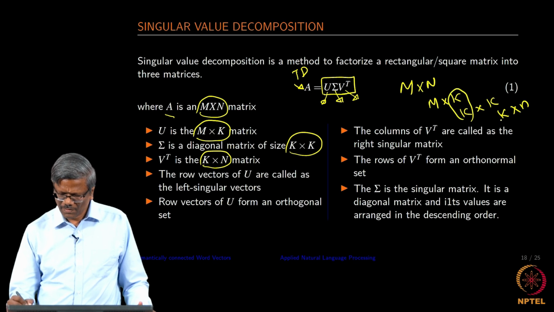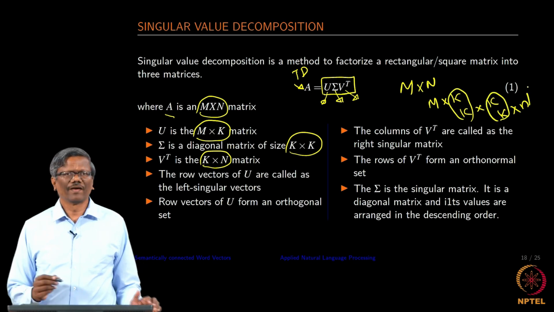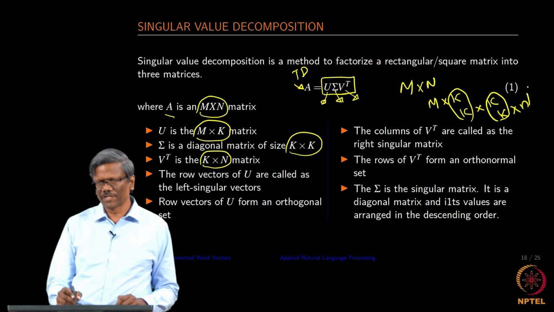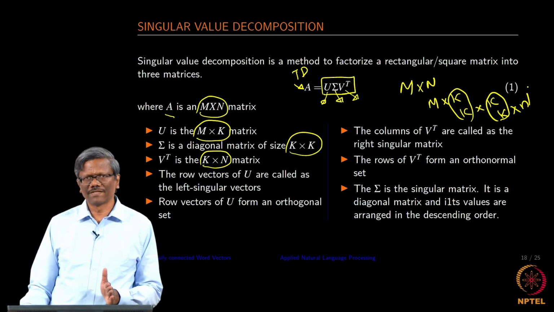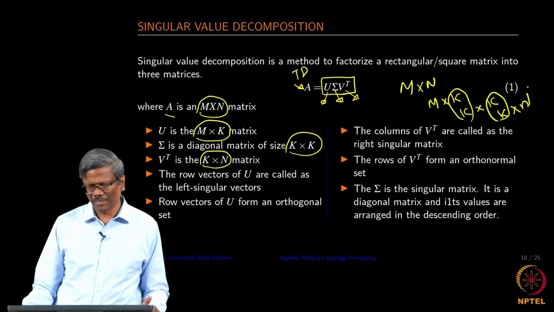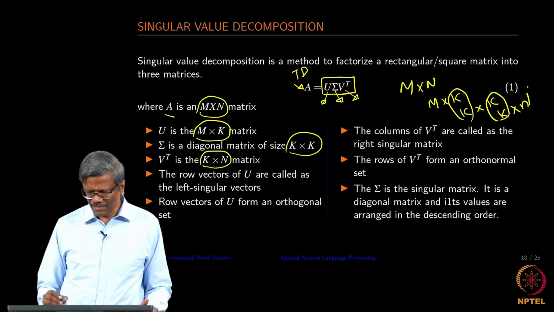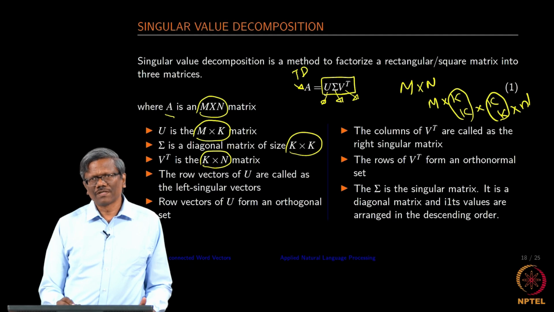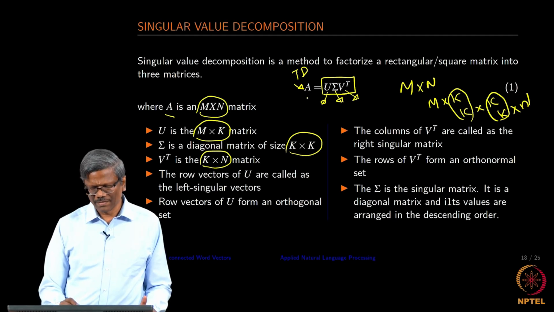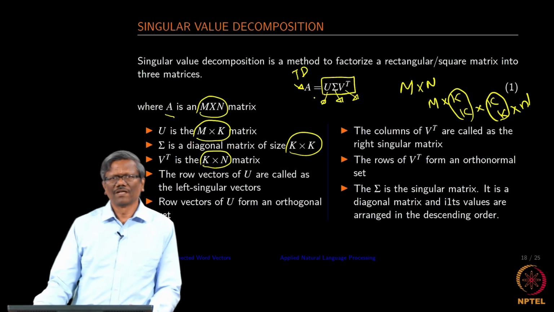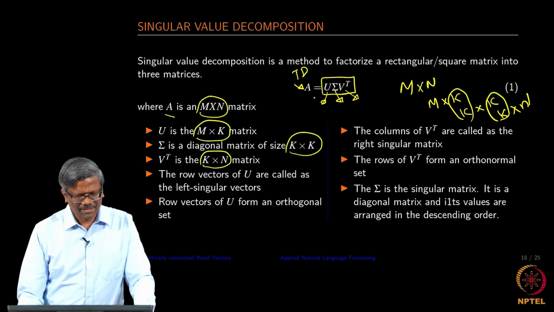So, it becomes m by n. So, when you do the multiplication of these matrices, it is again equal to A, which will be the same size as the original matrix. So, here the decomposition of a given matrix or a term document matrix is given in this particular size.